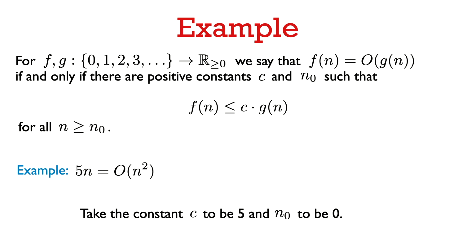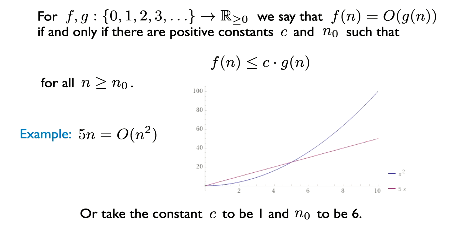But that's not the only way to see that 5n is order n squared. We can also see that for all n larger than, say, 6, n squared is just larger than 5 times n. So we could take c to be 1 and n naught equal to 6 in the definition of big O notation. So you can see that in the plot of the graph here, where I've drawn x squared and 5 times x.